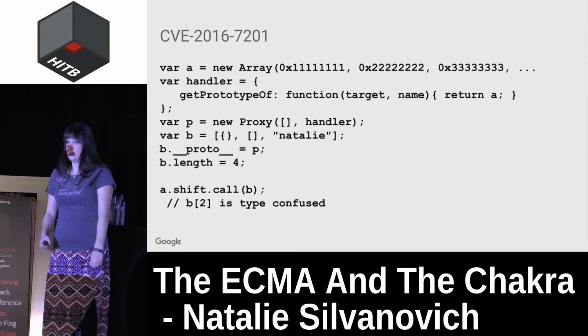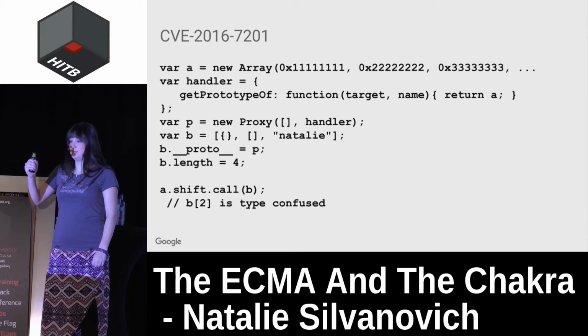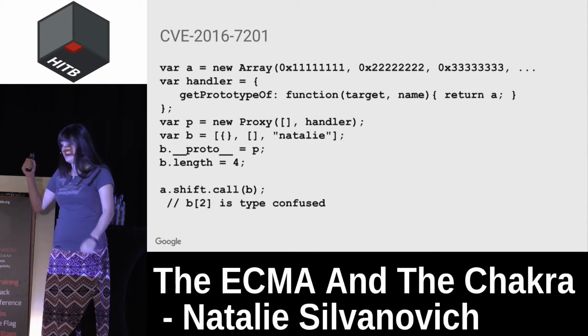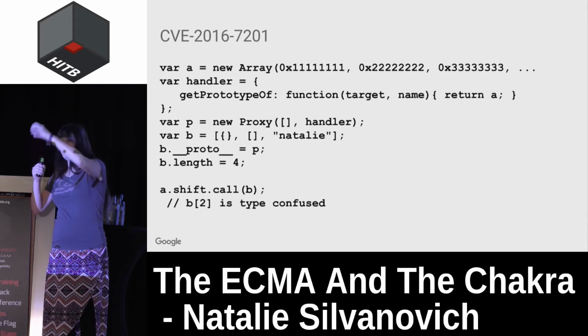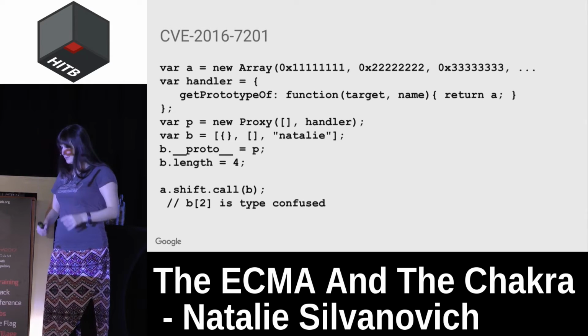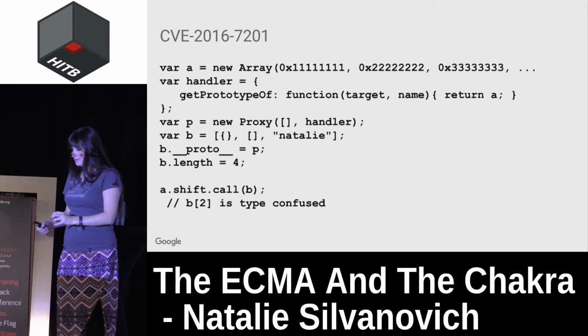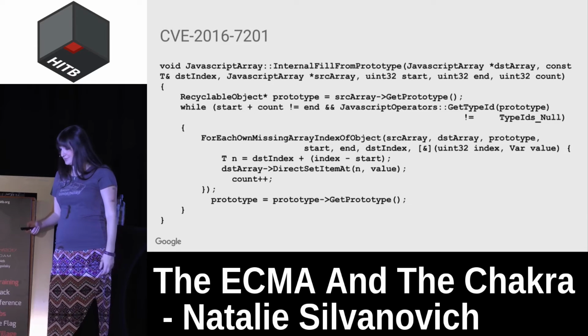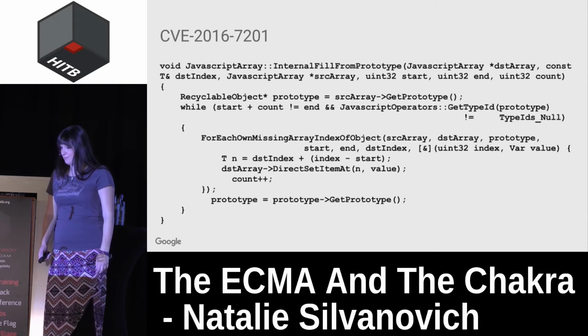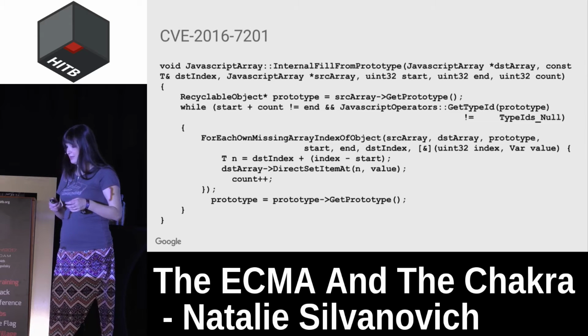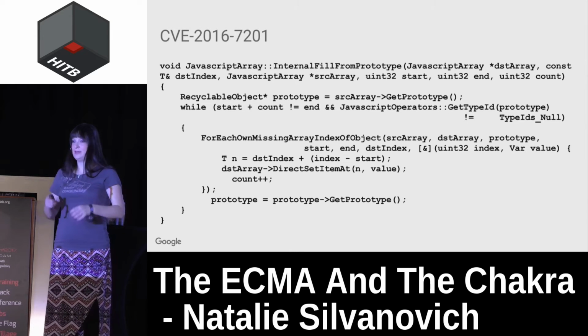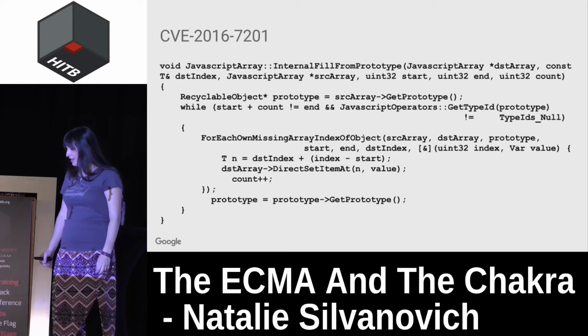So you've got the array, you've got the proxy, which is the prototype, and then the proxy's prototype is this code that will get called to return future prototypes. So then you've got this special object, and then you call shift on it, and what happens? Well, it starts off by calling internal fill from prototype, and this is once again trying to get all the elements from the protos into the main array, because shifting it would be extremely painful if you had to iterate through the array many times.